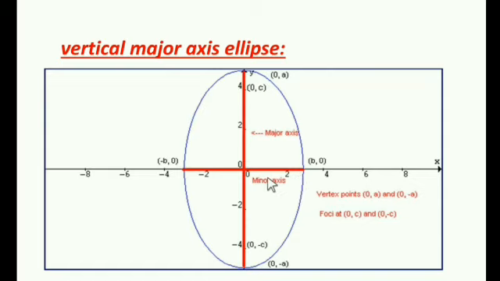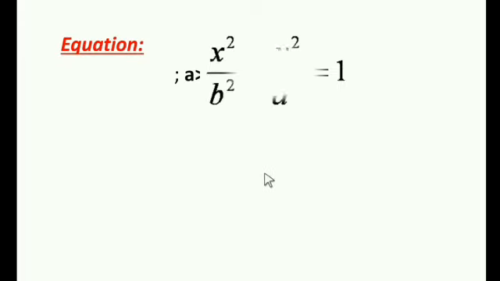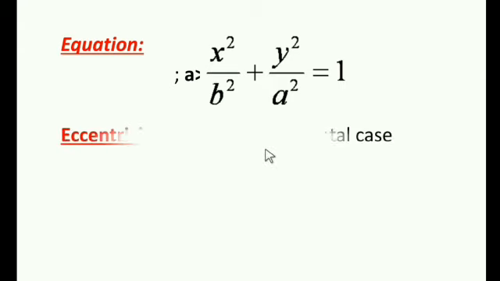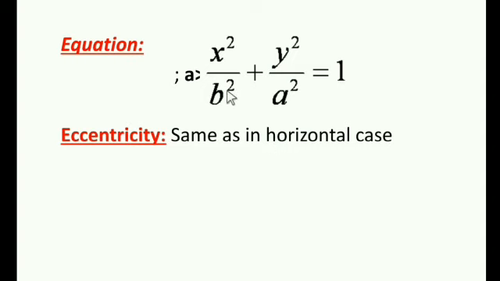Same as the horizontal ellipse. Equation: again, a is greater than b. The equation will be x squared by b squared plus y squared by a squared equal to 1. So this will be the equation of the vertical ellipse. Eccentricity is the same as in the horizontal: the square root of a squared minus b squared, divided by a.